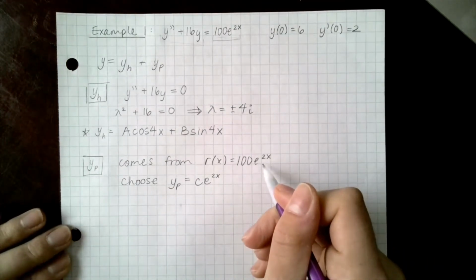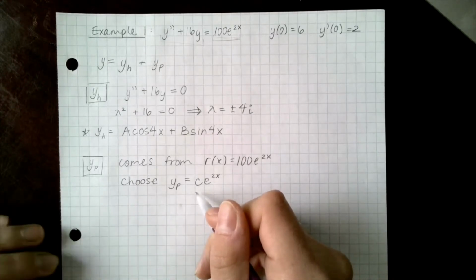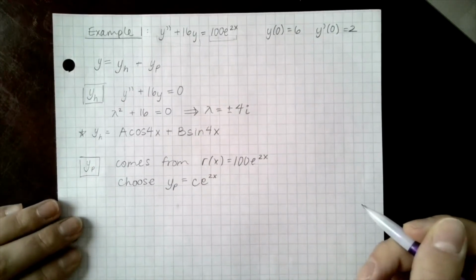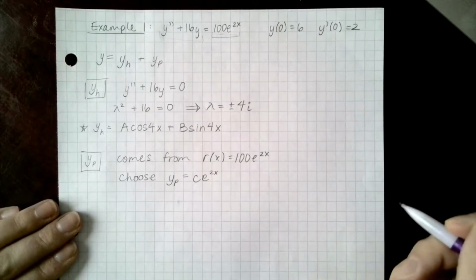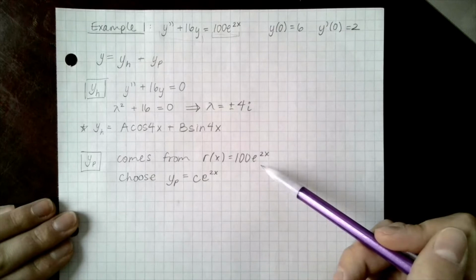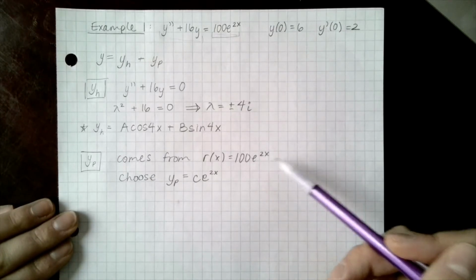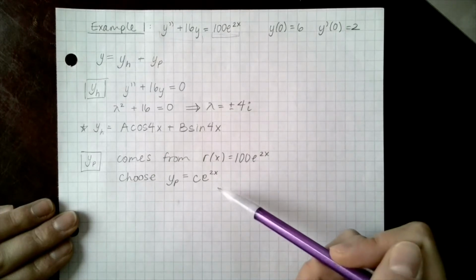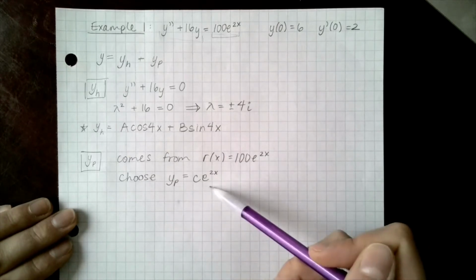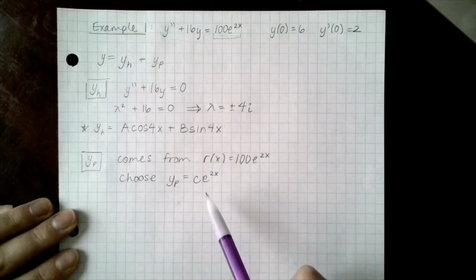So really the only thing that changes here is 100 becomes the more general constant. And this is letting us use the basic rule. If you remember from the three rules, we have the basic rule, the modification rule, and the sum rule. Since this is just a single function of x, we don't have to use the sum rule, and the modification rule would only be applicable if this y sub p was the same form as either of the terms in y sub h, which you can see it is not.